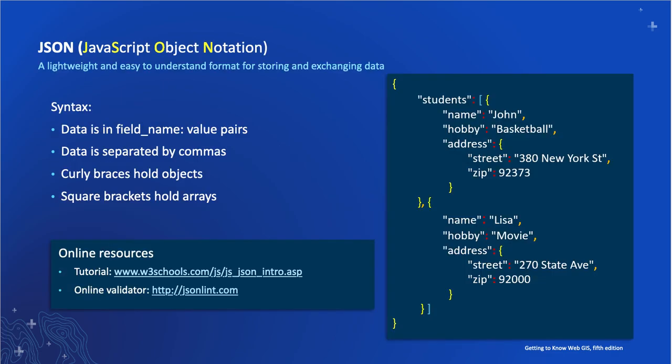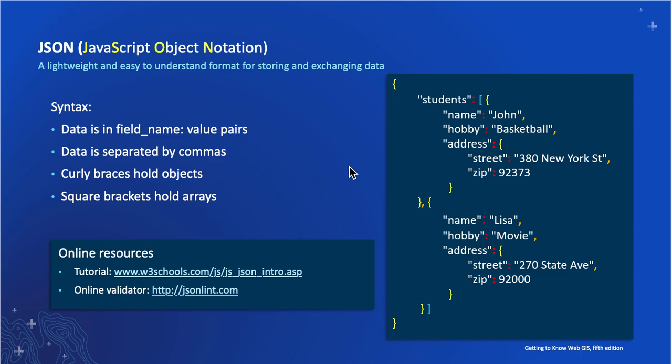So next, let's talk about JSON. It stands for JavaScript Object Notation. And webhooks rely heavily on JSON for storing and exchanging data. It's a lightweight and easy to understand format for storing and exchanging data. And for the syntax to use JSON, you have an example here.